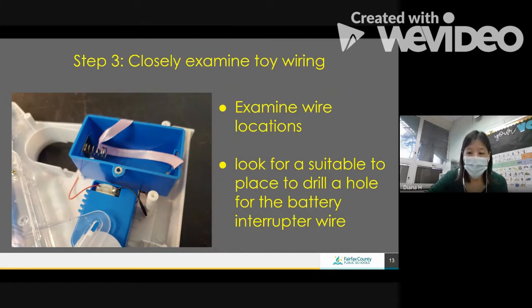It is important because in order to insert the battery interrupter wire, you need to be able to create a circuit between the battery interrupter wire as well as the internal wiring of the toy that's already in the toy. So the easiest way to do this is to find the wire in the toy that is easiest to manipulate to complete the circuit between the battery interrupter and the internal wiring.